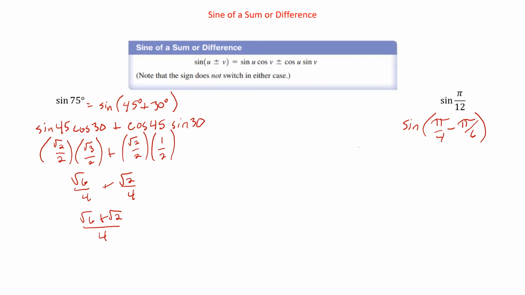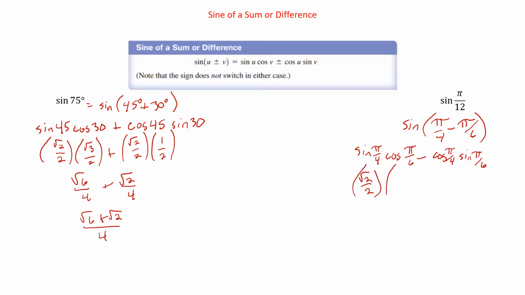So we're going to go sine of pi over 4, cosine of pi over 6, minus cosine pi over 4, sine pi over 6. So the sine of pi over 4 is root 2 over 2.